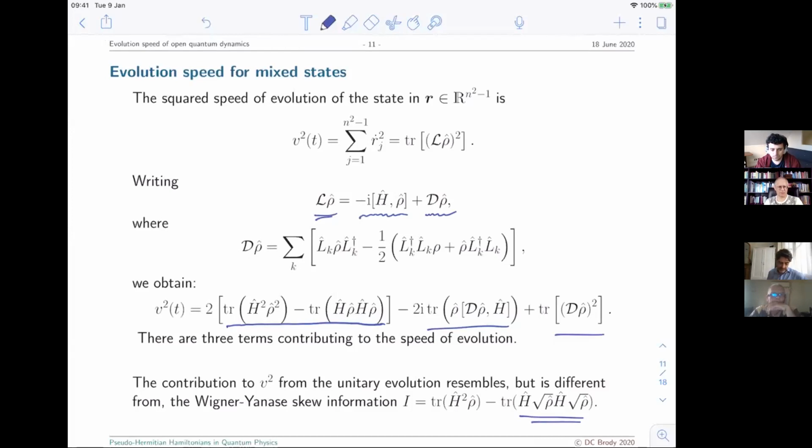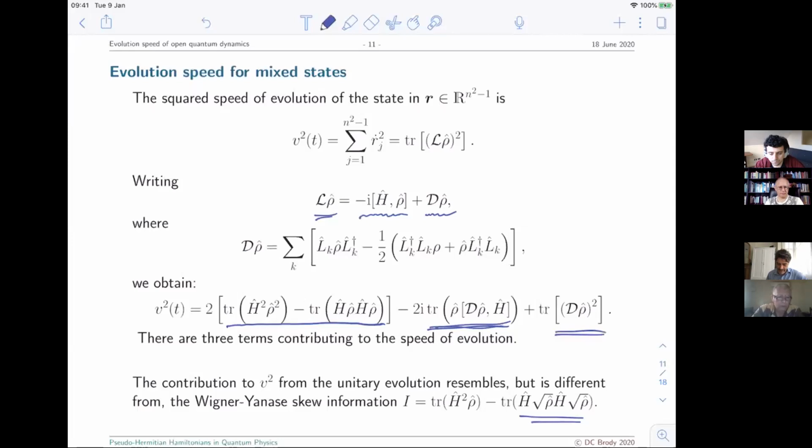So that's the speed of evolution in this Euclidean space arising from unitary evolution associated with Hamiltonian h. But then there's a competition term between h, the unitary evolution, and the displacement term, which is the middle term. And then finally, there's a pure displacement contribution to the evolution speed.